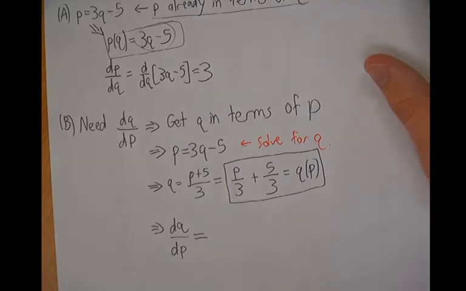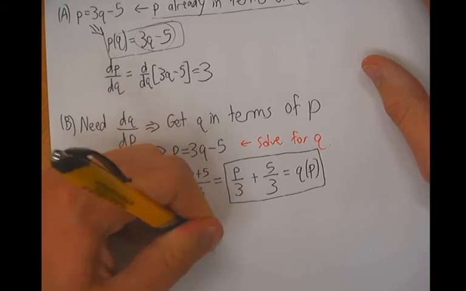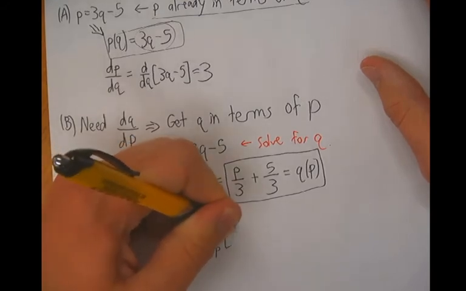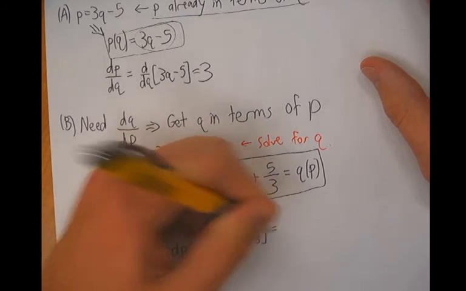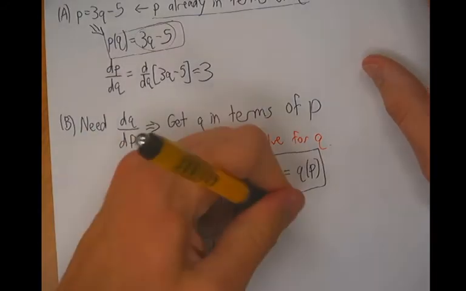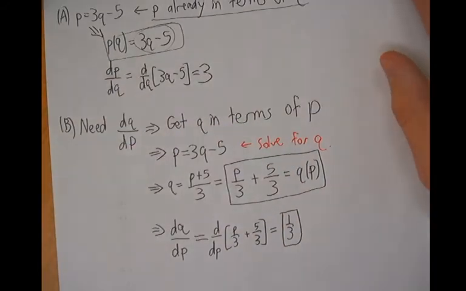A third. Yeah, just a third, right? Because then we have d over dp of p over 3 plus 5/3, and that's just 1/3. Okay?